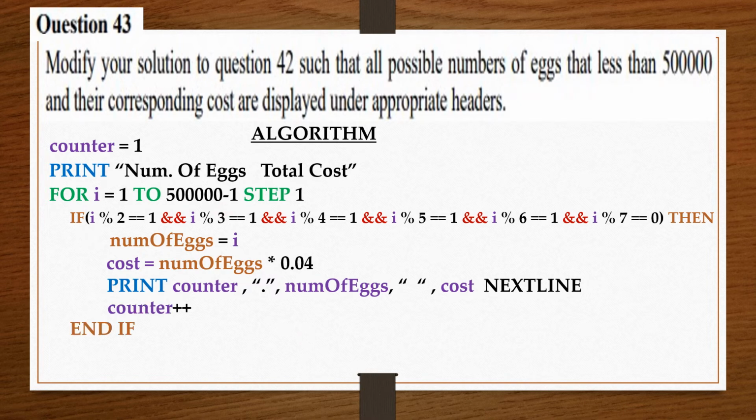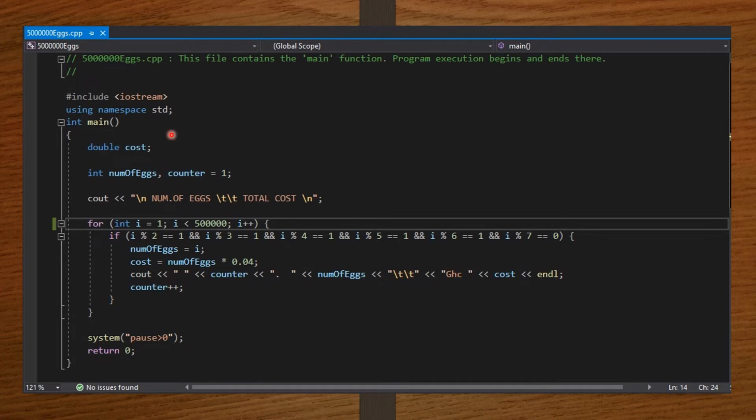So now let's convert this to code in C++. In the int main function, I declare the double and the integer and set counter to 1. Then I draw my table for the first column being the number of x, a space, and then the total cost. And I set the for loop, which runs from 1 to 500,000.